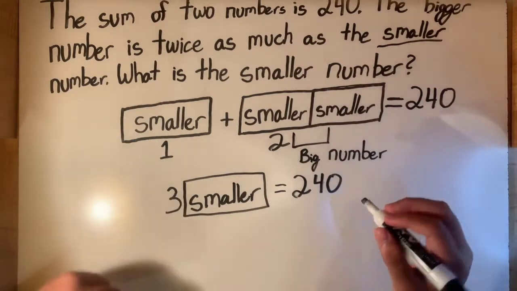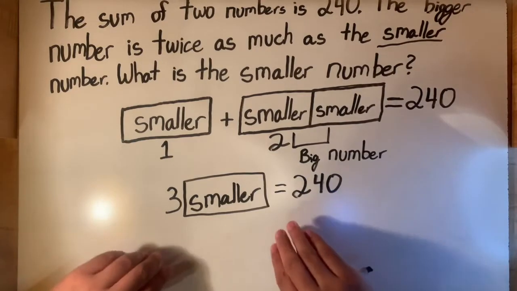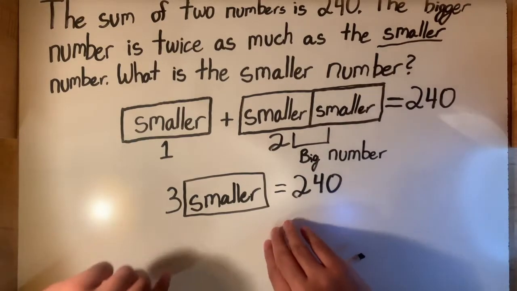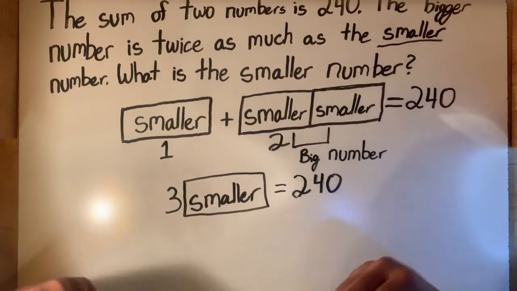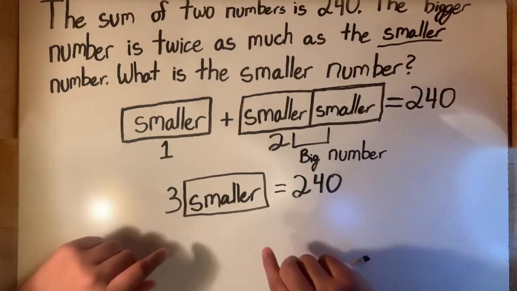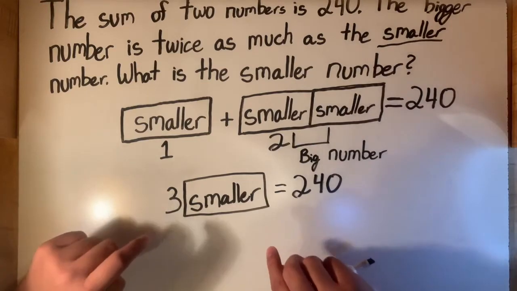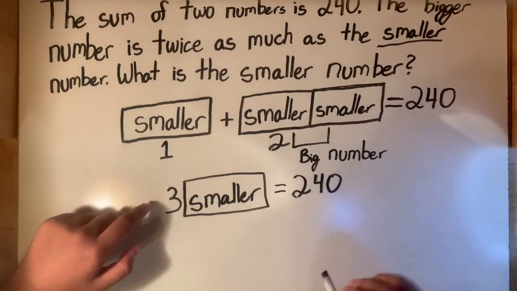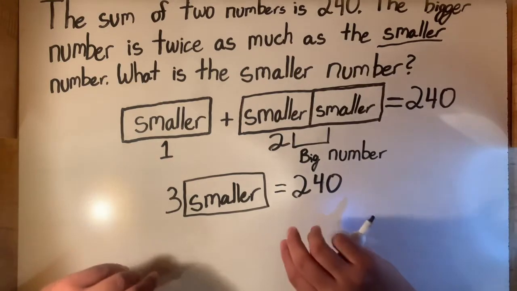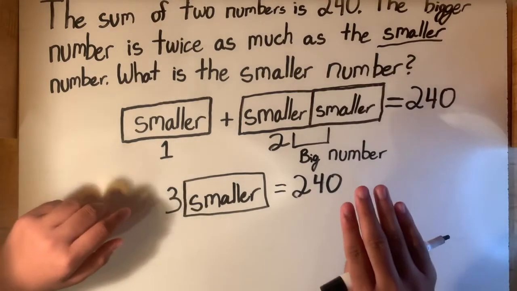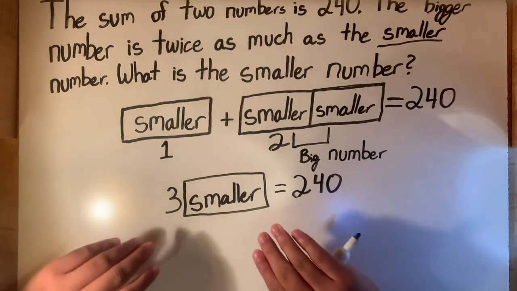Now what we want to do is isolate the smaller number. We want to get this smaller number just by itself, which means that we have to get rid of this 3. We get rid of the 3 by doing the opposite of what it is currently doing.